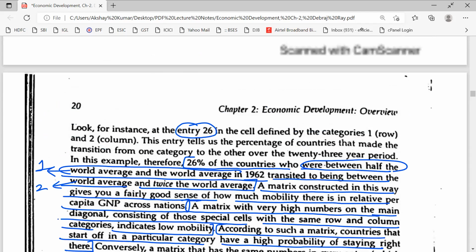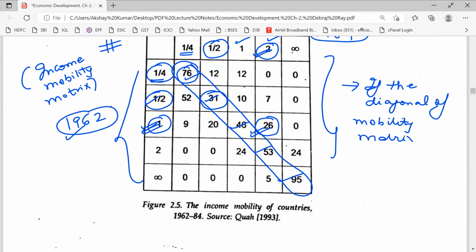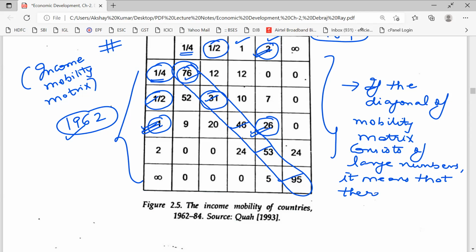Okay, so I can just write it here that if the diagonal of the mobility matrix consists of large numbers, it means that there is low mobility.